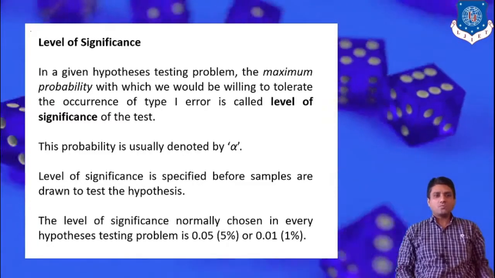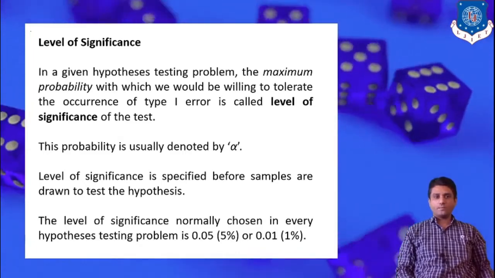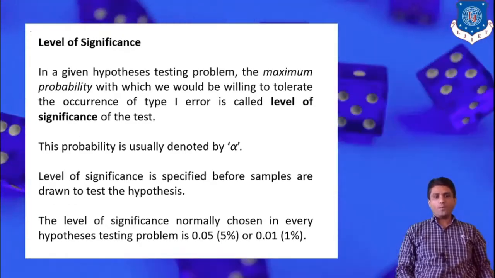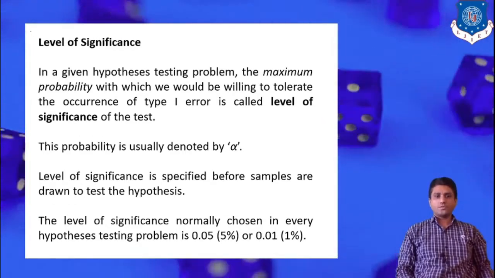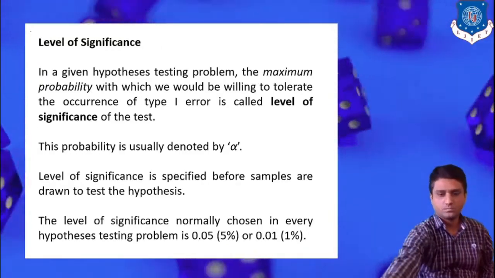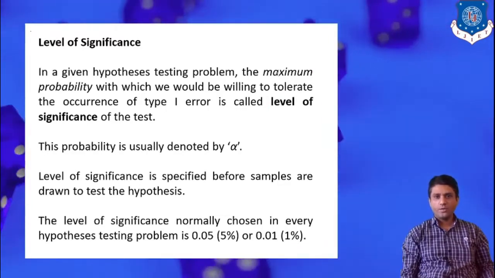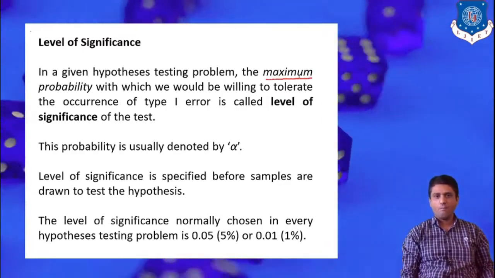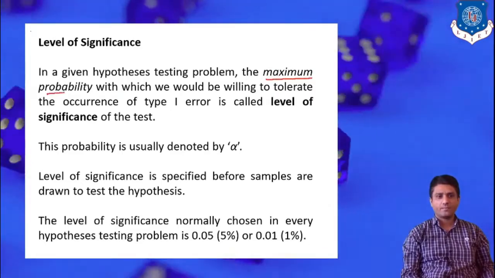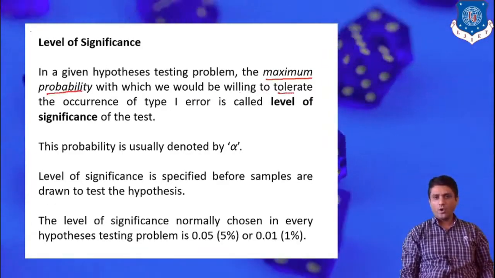In precise words, in a given hypothesis testing problem, the level of significance is the maximum probability with which we would be willing to tolerate an error. See this carefully: the maximum probability that we are willing to tolerate.